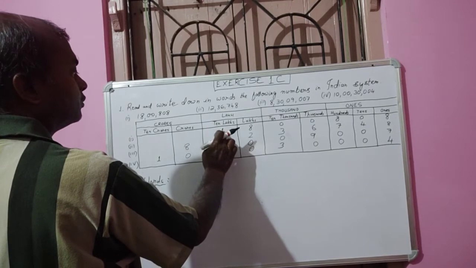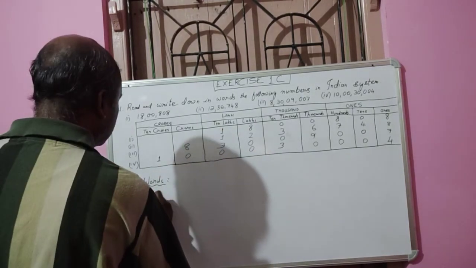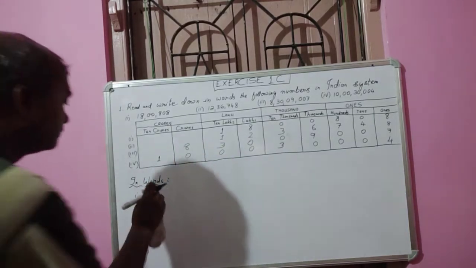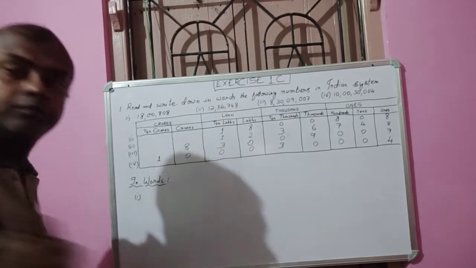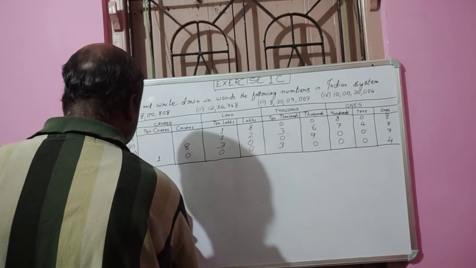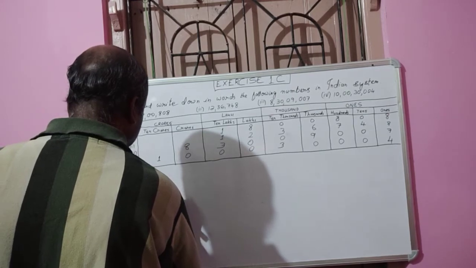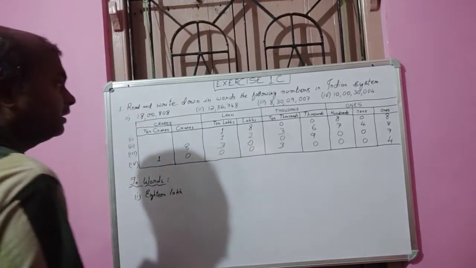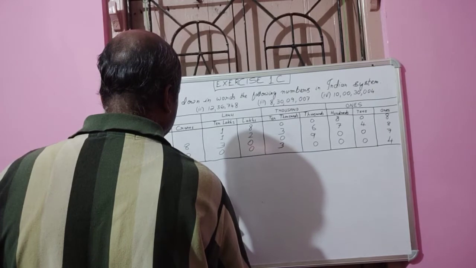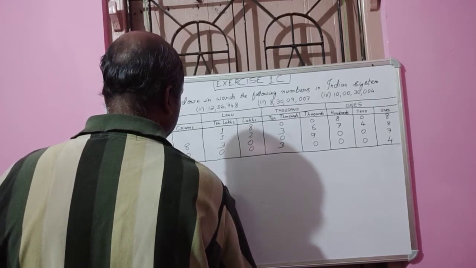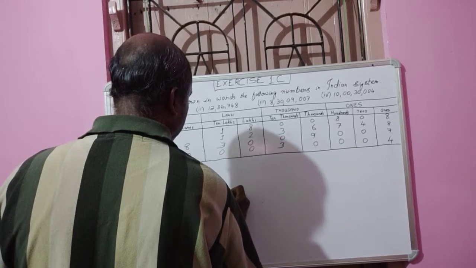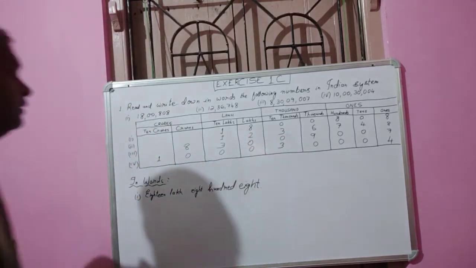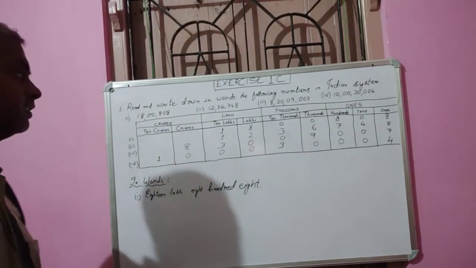In the lakhs group you have 18. So I am going to write 18 lakh 808.